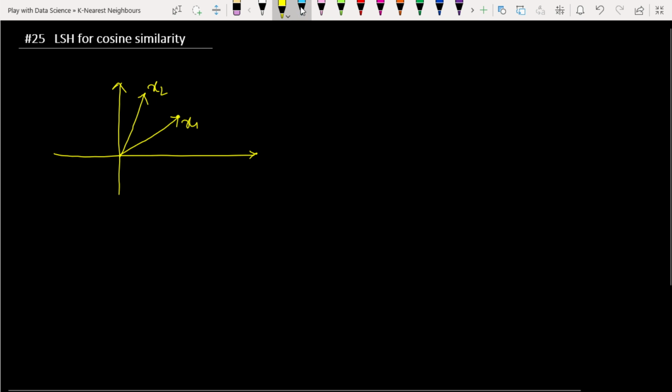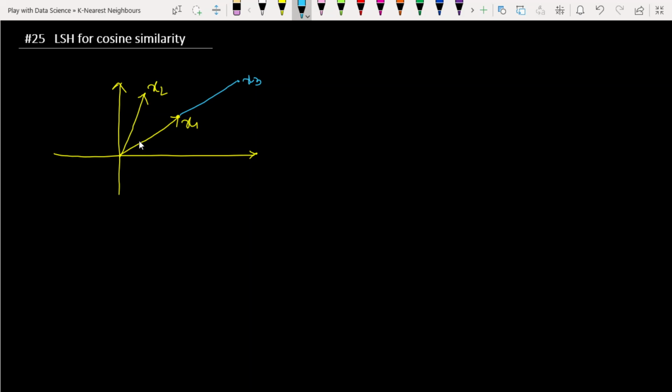And suppose we have another data point x3 here.